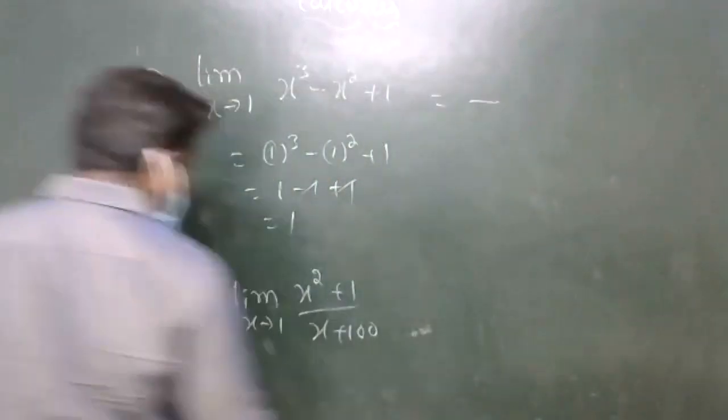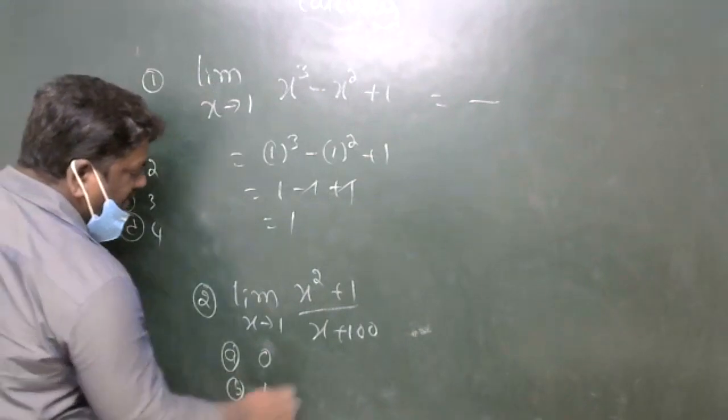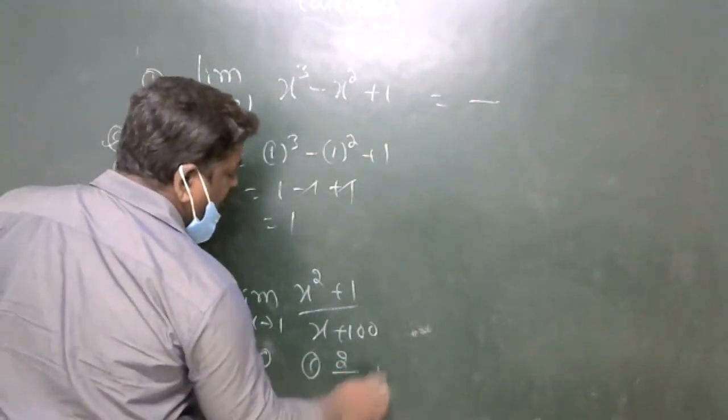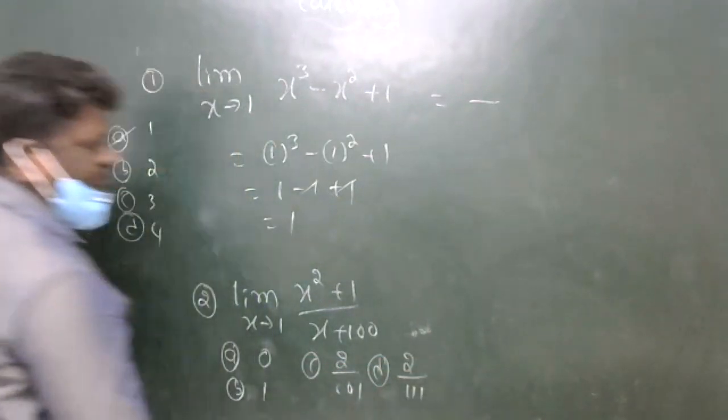Option A 0, option B 1, option C 2 by 101, option D 2 divided by 111.